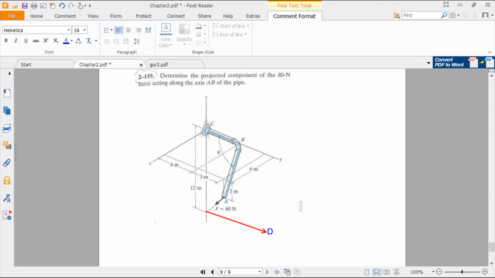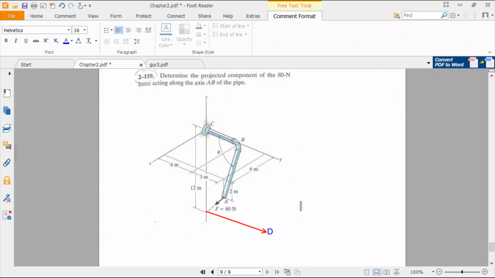So what we need to do is find the unit vector first from B to A. Also, we have to find the unit vector from A to D. First, we need to write the force F in Cartesian form, as a Cartesian vector.